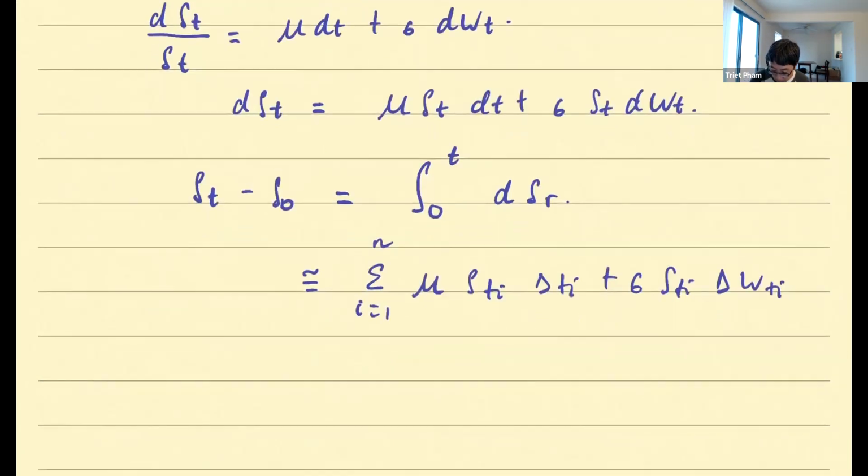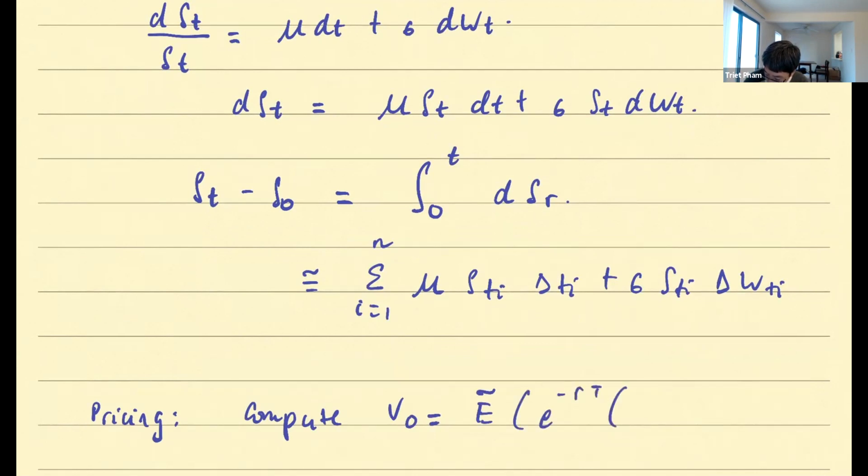Finally, in terms of pricing, the objective is to compute V0, which is the expectation of e to the minus RT times (ST minus K) plus. You have two ways to do so.